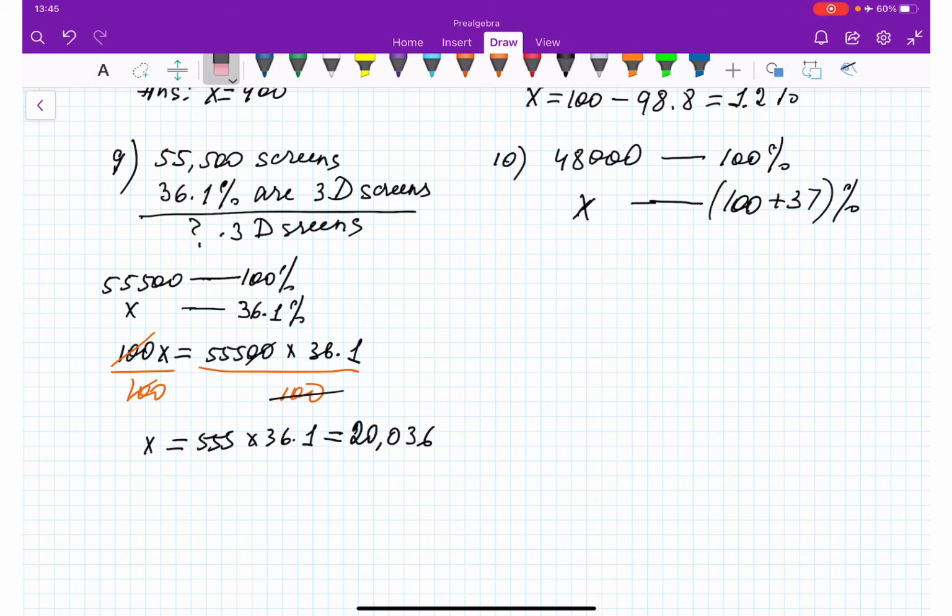Okay, from here, what do we get? 100x is equal to 48,000 times 137, correct?